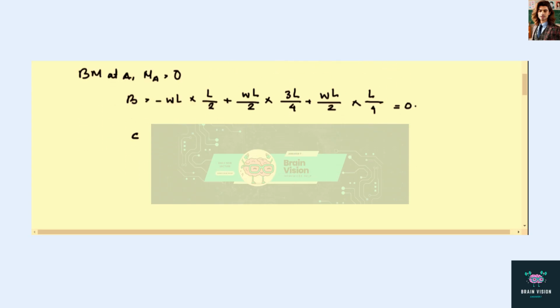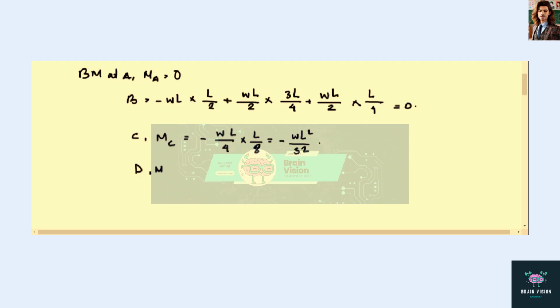Bending moment at C is minus WL upon 4 multiplied by L upon 8. It is minus WL square upon 32.